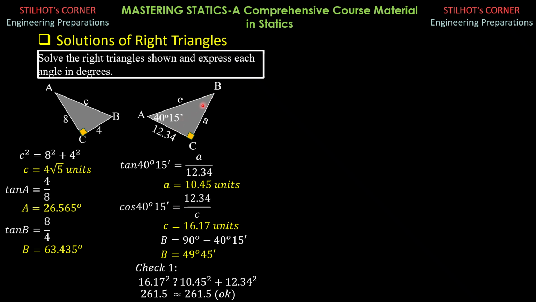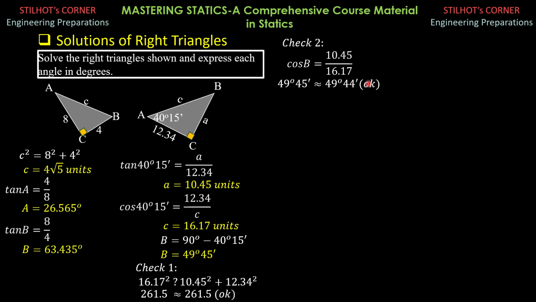The second way of checking is to solve for B. Cosine of B is A over C, so I involve the calculated values. So cosine of B is A, 10.45, over C, 16.17. B should be 49 degrees 45 minutes, and using your calculator, that is approximately equal to 49 degrees 44 minutes.